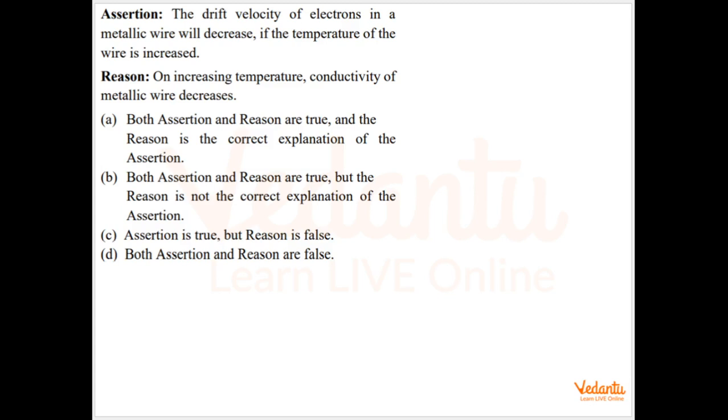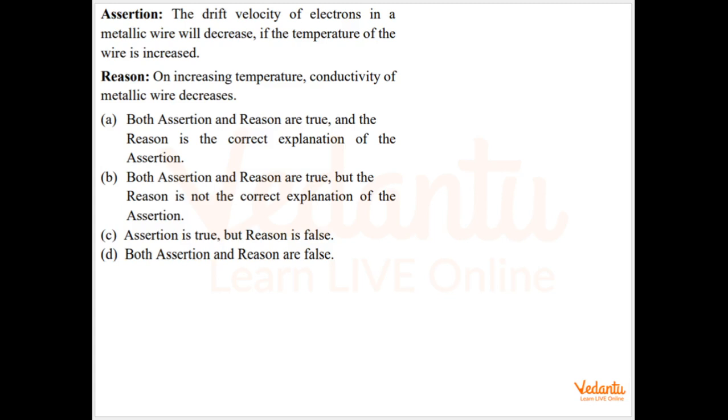In this question, the assertion is that the drift velocity of electron in a metallic wire will decrease if the temperature of the wire is increased. The reason is, on increasing the temperature, the conductivity of the metallic wire decreases.